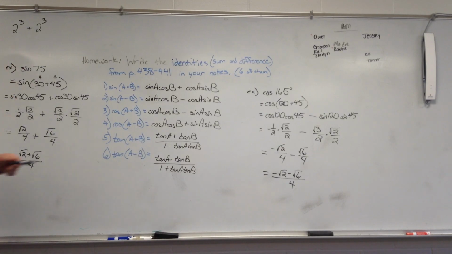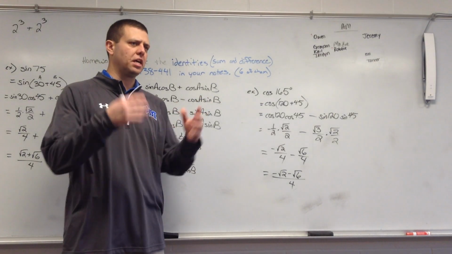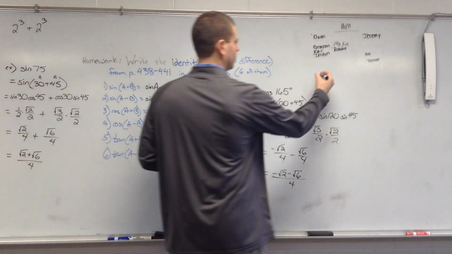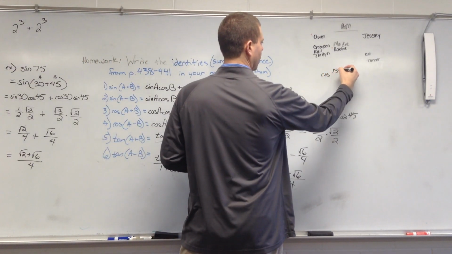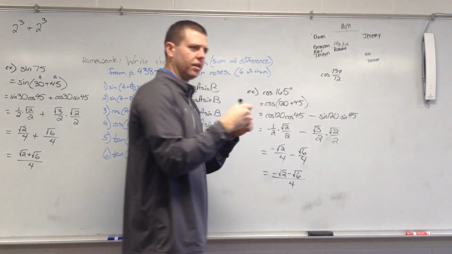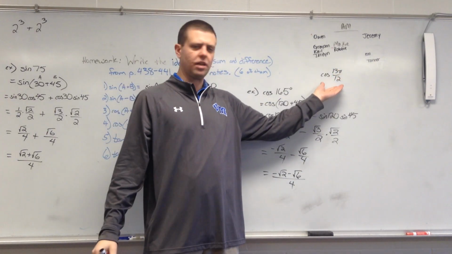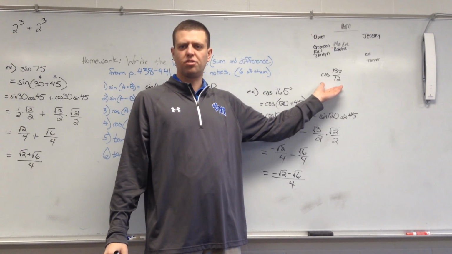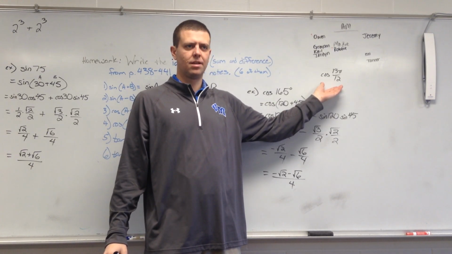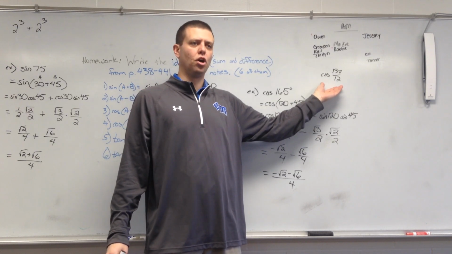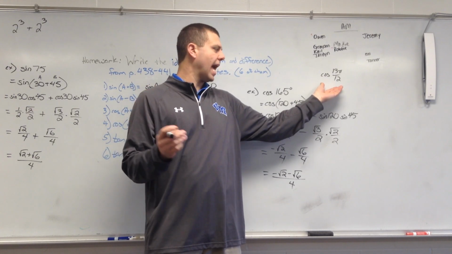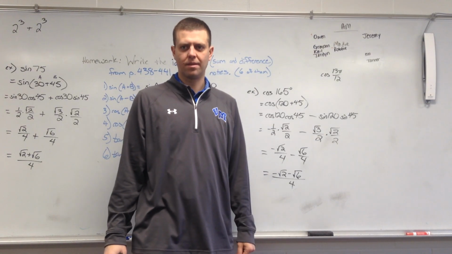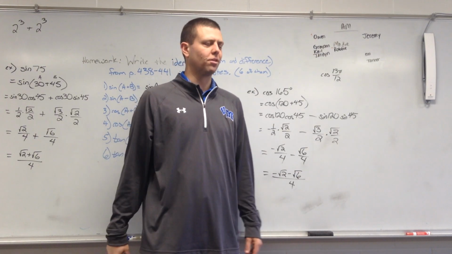If I ask you for the cosine of 13 pi over 12, guys, listen real quick. Here's my advice: change it to degrees. Most of you are not going to know what fractions add up to make 13 pi over 12, except for Caleb, of course.